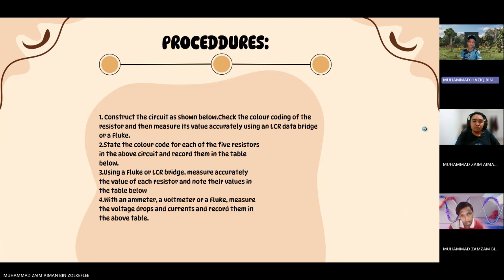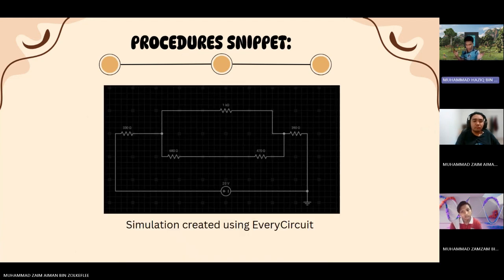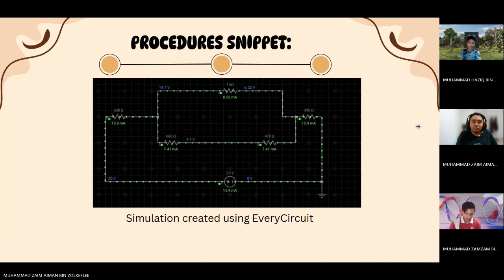Next slide please. So as in lab one, we use the same simulation, which is EveryCircuit simulation. Next slide please. So this is the simulation that is carried out by EveryCircuit. Next slide please.